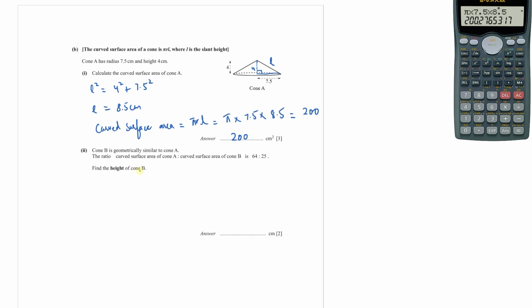So using the property that if two shapes are similar, the ratio of their areas, which is given here, is equal to the ratio of the square of any corresponding sides.